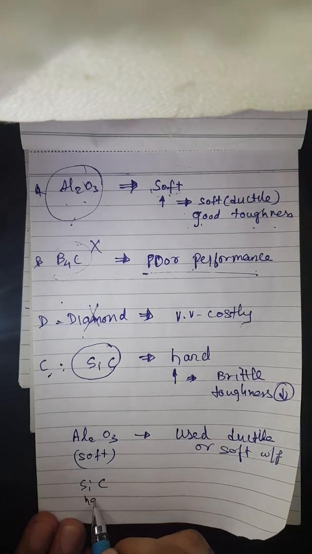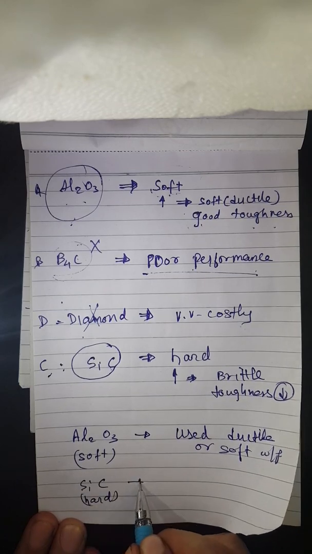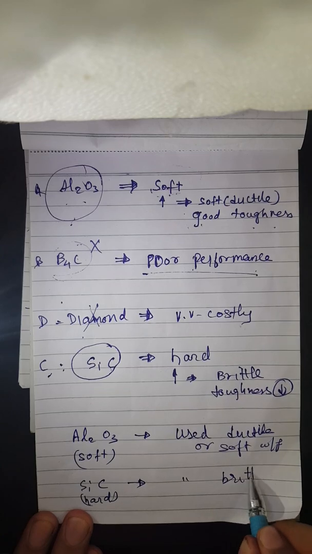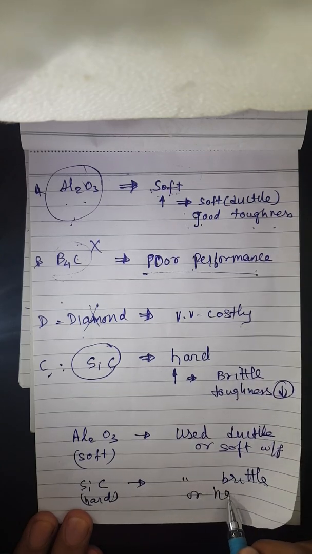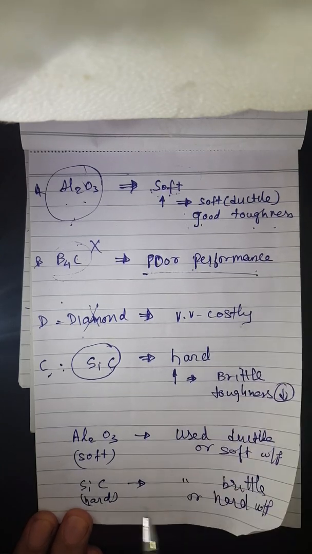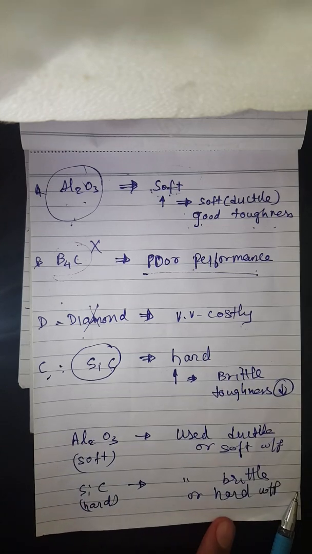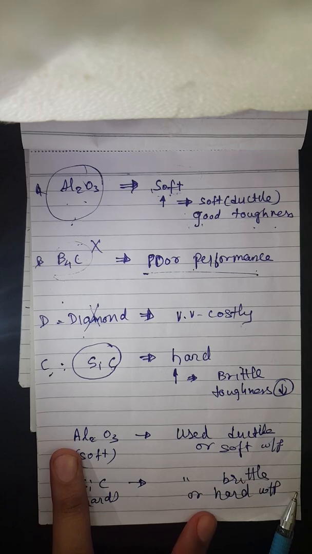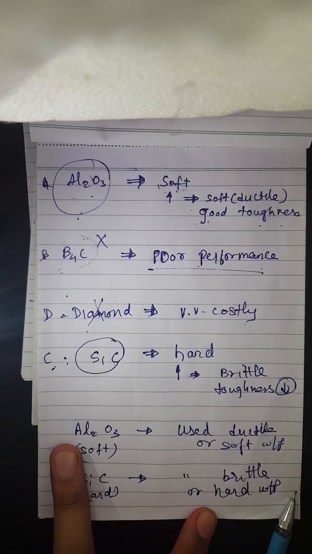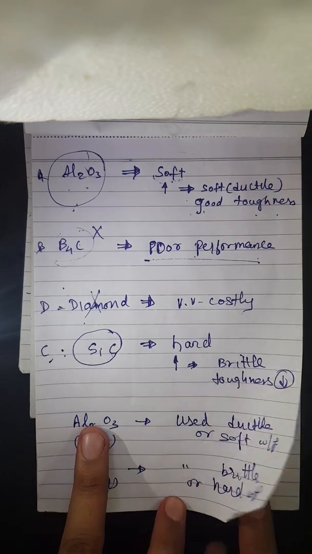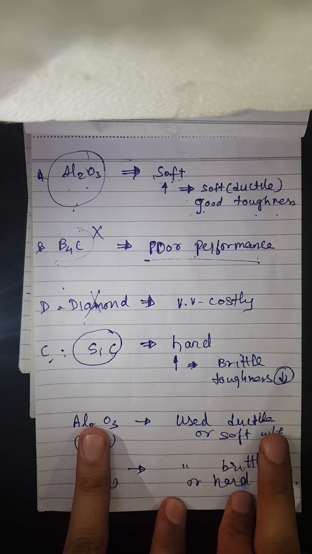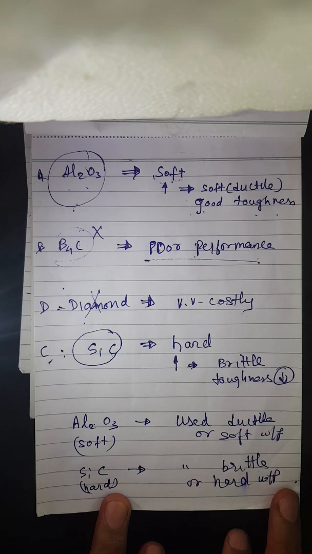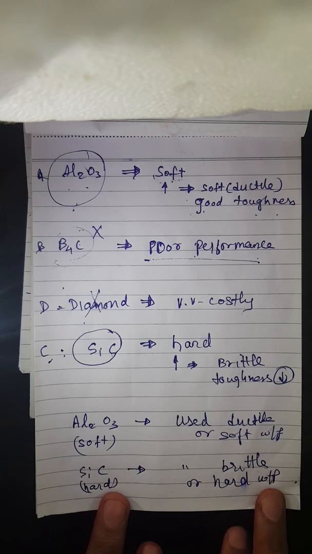SiC is a hard material, so it would be used for brittle or hard workpieces. Why? If I use Al2O3 for hard workpieces, it's obvious that it would not be able to perform its task in an appropriate or satisfactory manner. That is why Al2O3 can be used for ductile or soft workpieces, while SiC can be used for hard or brittle kinds of workpieces.